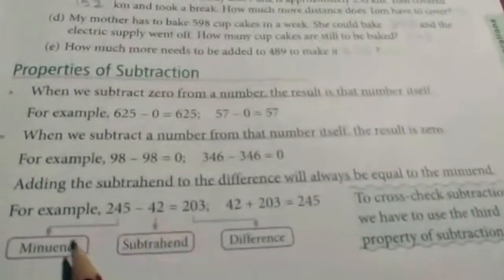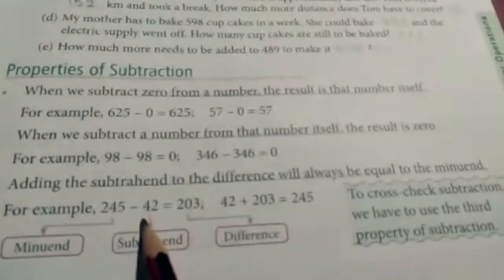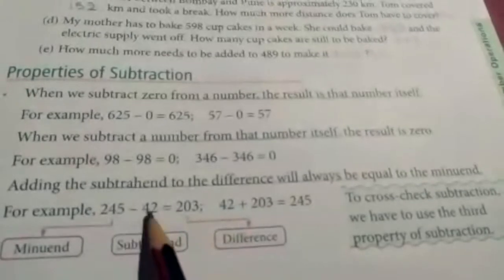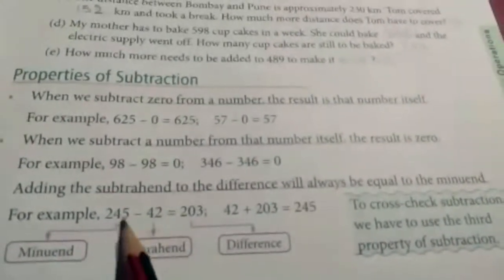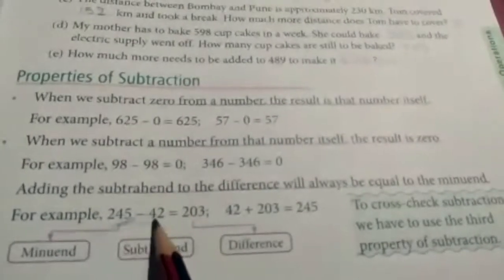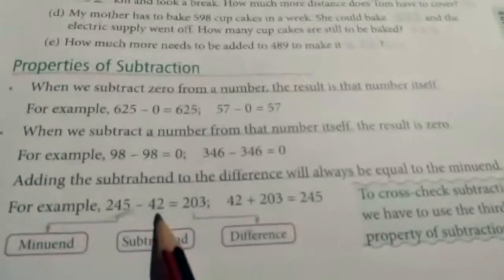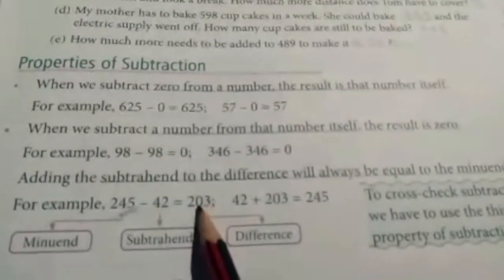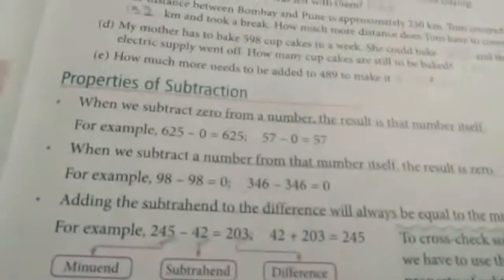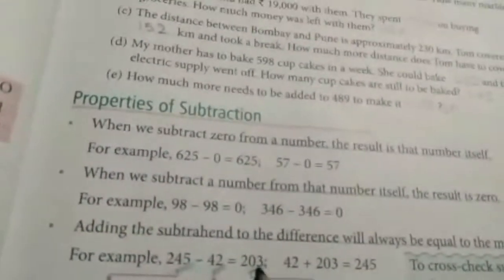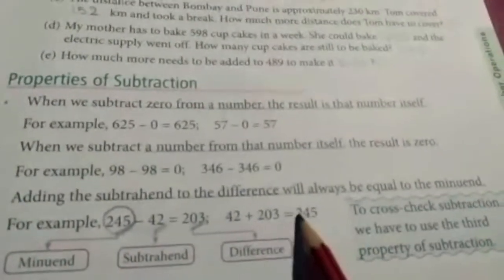So when you add the subtrahend to the difference, it will always be equal to the minuend. In this question, 245 minus 42 is 203. This is the minuend, this is the subtrahend, and this is the difference. When you add the subtrahend and the difference, you get the minuend as the answer.